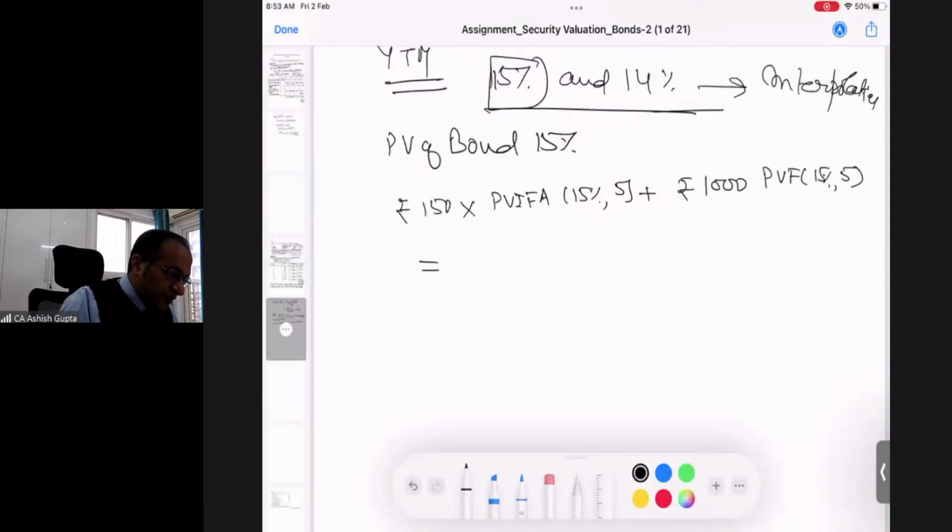Please calculate on your own. The value will come 99.80.